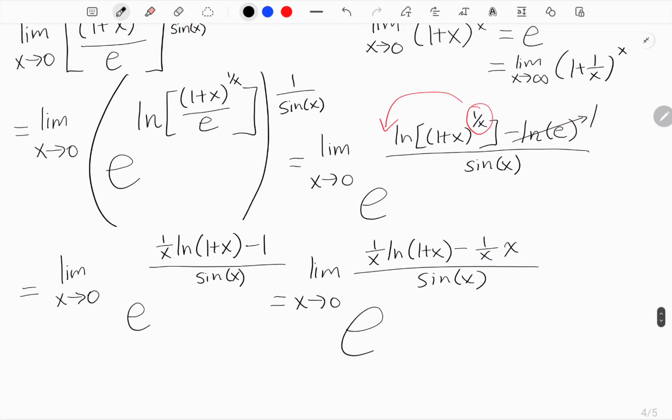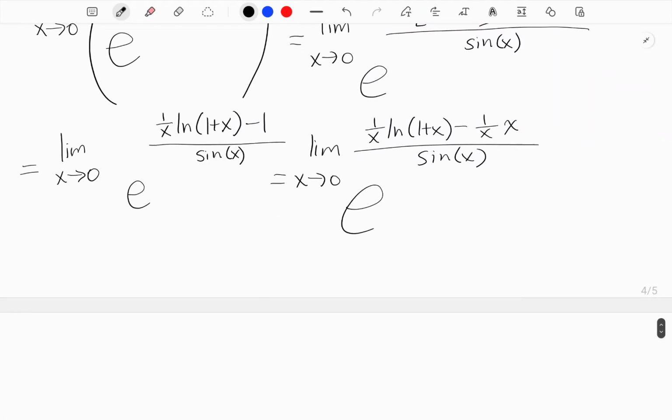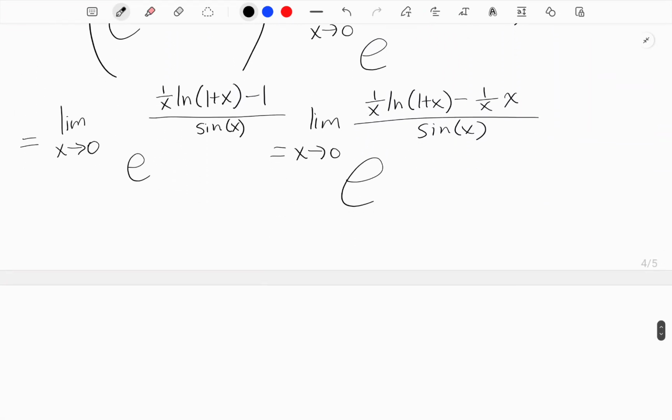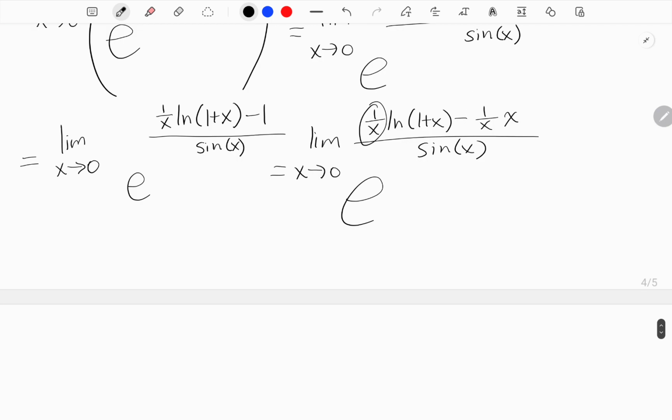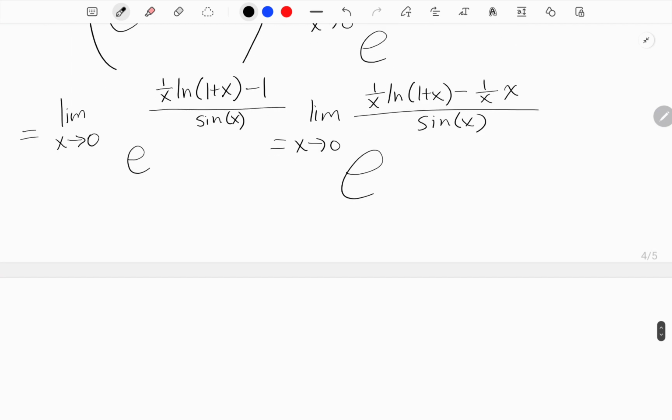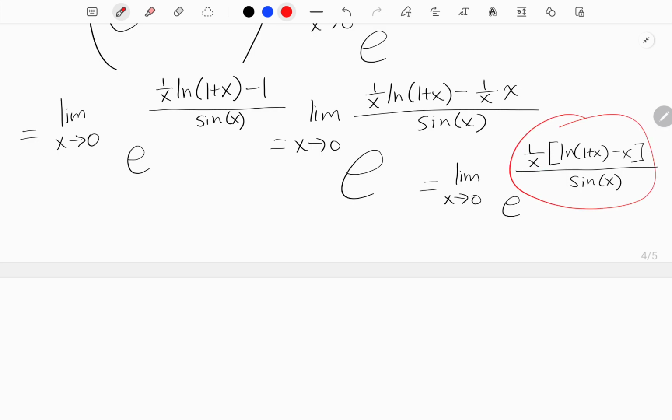Okay, so now let's just clean this up a little bit. The 1 over x's right over here, you can factor them out. If you factor them out, you get the limit as x approaches 0 of e to the (1 over x multiplied by (ln of (1 plus x) minus x)), all over sine of x. Now, I don't like this embedded fraction because we have a fraction within a fraction.